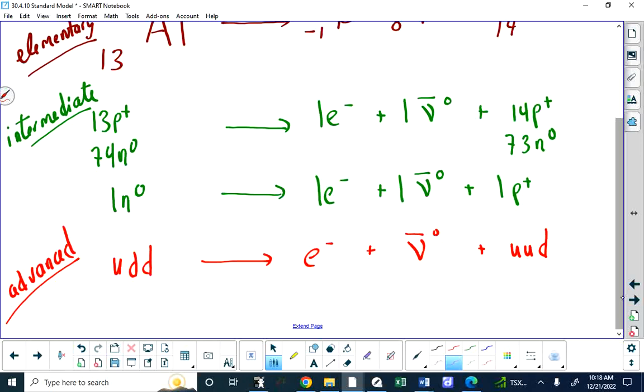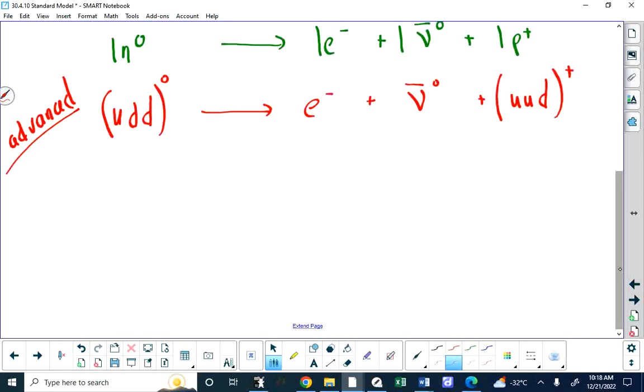And by the way, the total charge on this is 0, and the total charge on this is positive 1, correct? And if you look at the charges on the right, negative plus 0 plus positive gives you 0, charge is conserved.